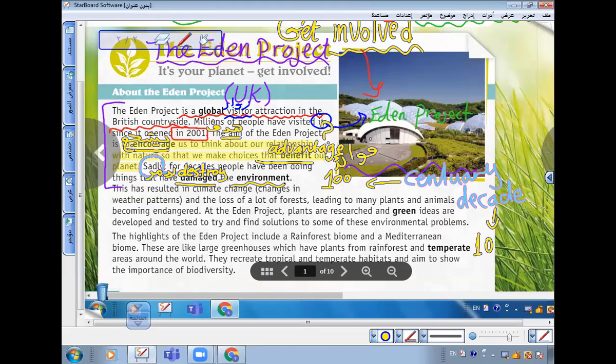So all of these things started to destroy the environment. What does the word environment mean? Environment, excellent. Like nature.